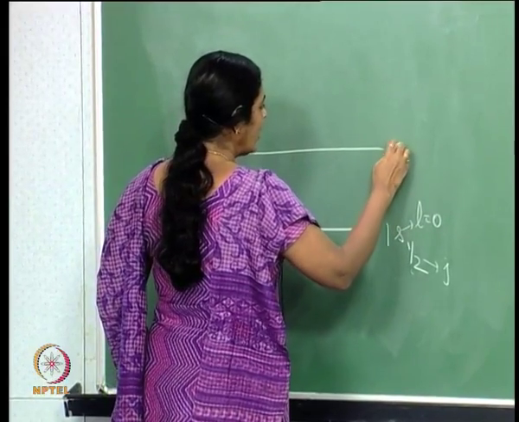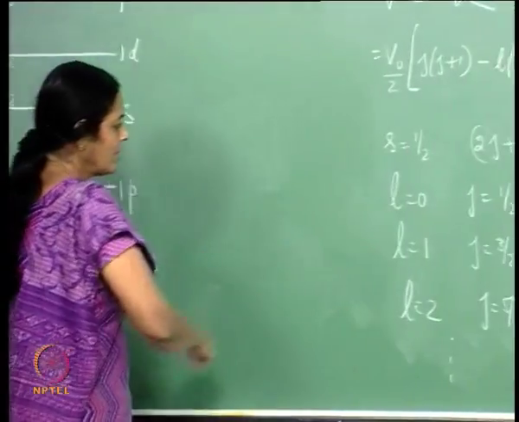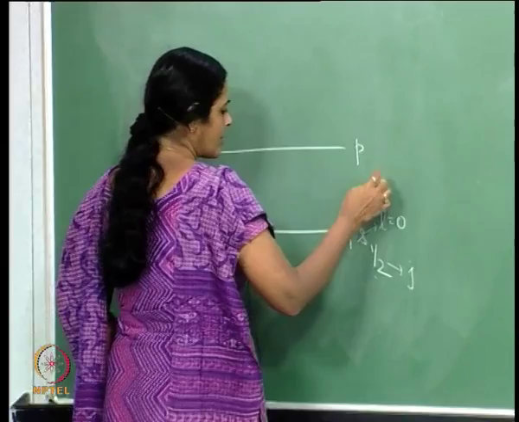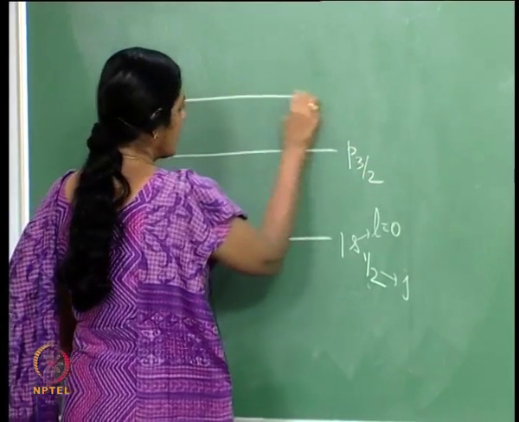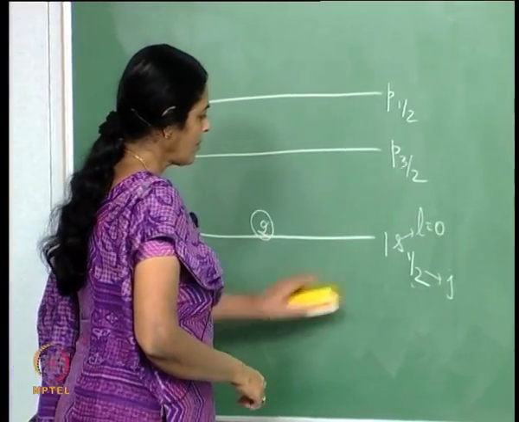Then look at the L is equal to 1 state. J is 3 by 2 and J is half, but this is the P state. So, there are 2 levels, one is P 3 by 2 and the other is P half.